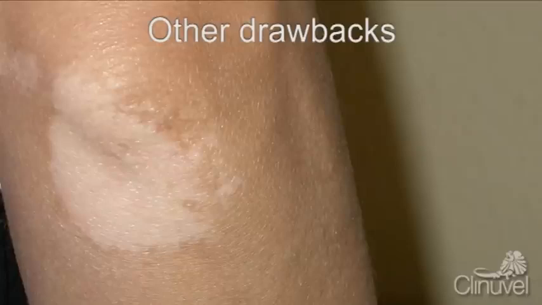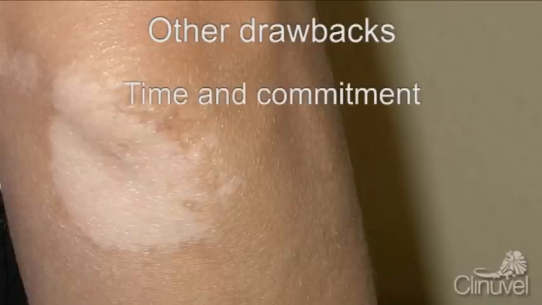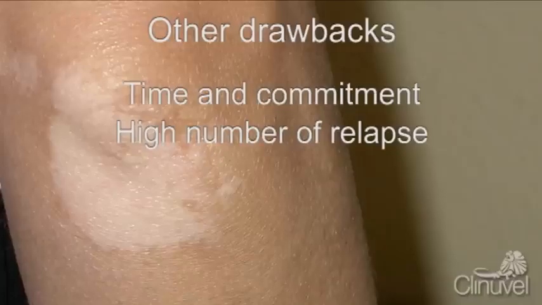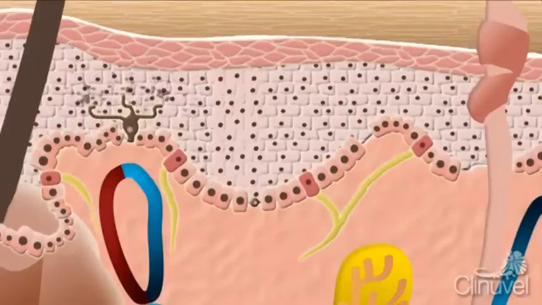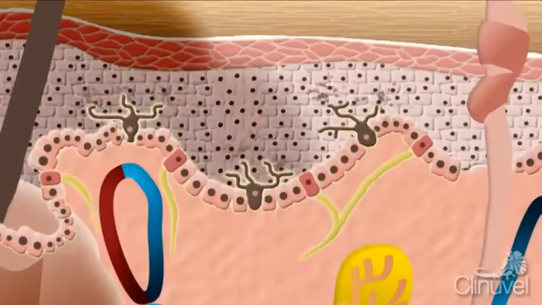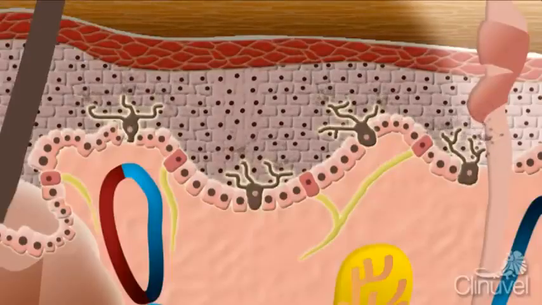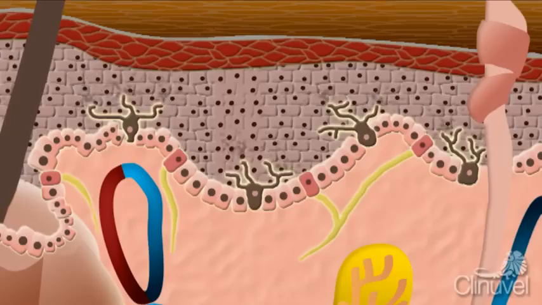Treatment by narrowband UVB is required 3 times a week for up to 18 months, and relapse is common in non-segmental vitiligo. Nevertheless, narrowband UVB is a potent melanocyte stimulant and currently seen as the phototherapy of choice for vitiligo.